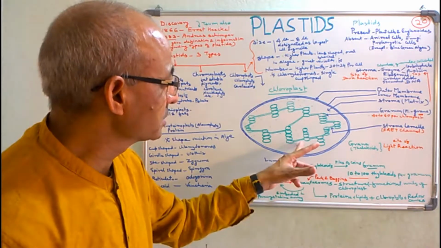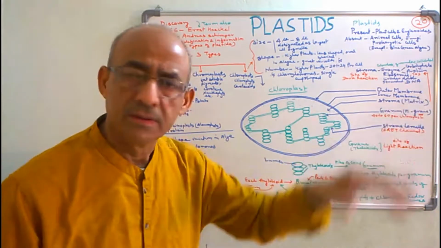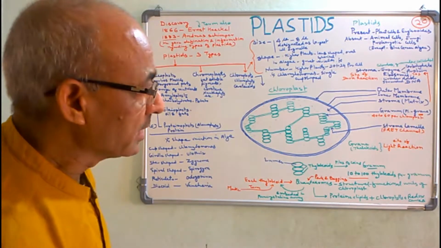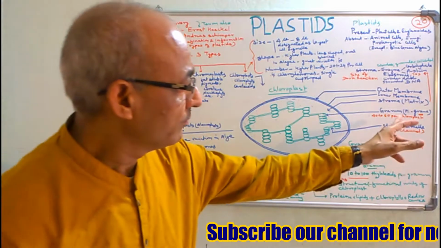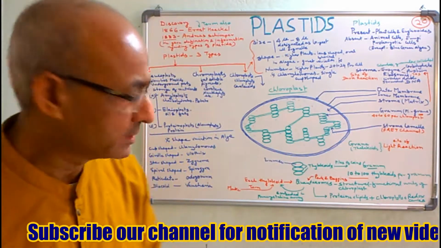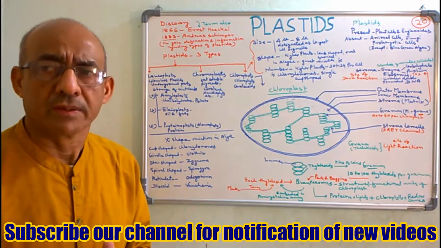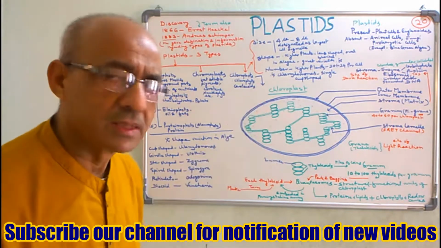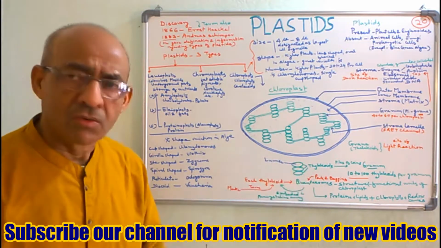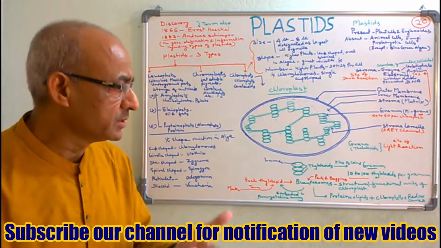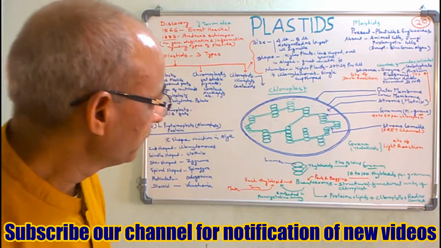Those tubular structures are called stroma lamellae or frets canals. Now exclusively we will discuss grana and thylakoids because they are very important parts of the chloroplast, because thylakoids are the site where the light reaction of photosynthesis takes place.